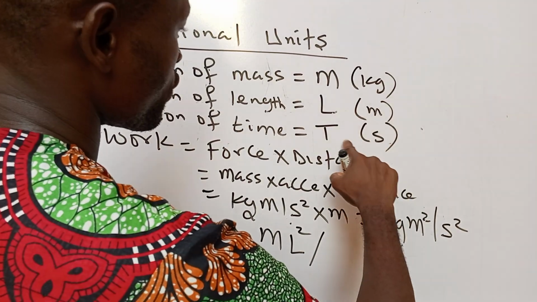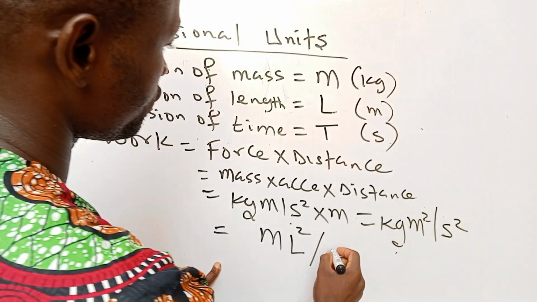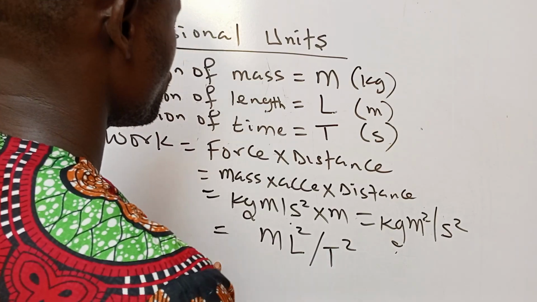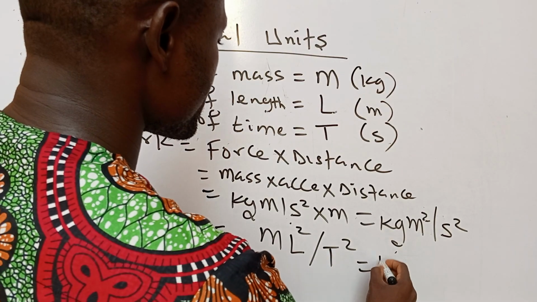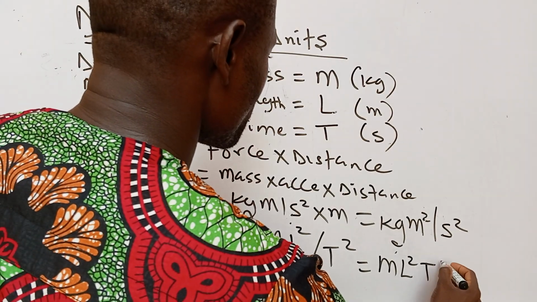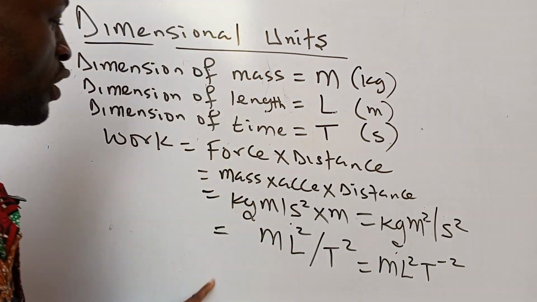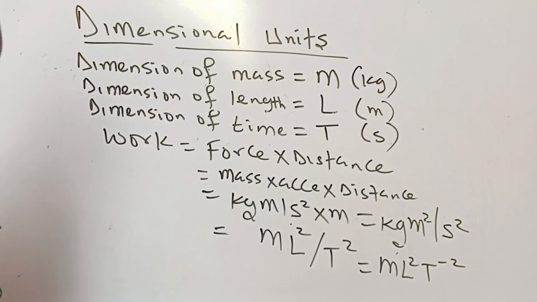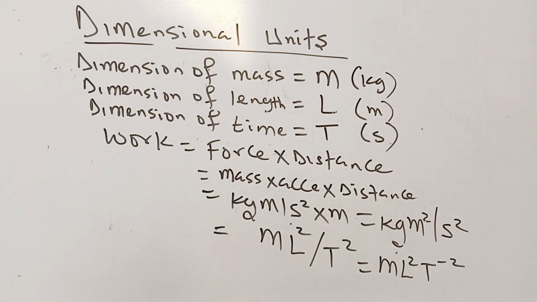Then anywhere we see seconds, we replace it by writing T raised to power 2. Or it can be written as M L square T raised to power minus 2. This becomes the dimensional unit of work. You see? That's what we are looking at: dimensional analysis, or dimensional units of some physical quantities.